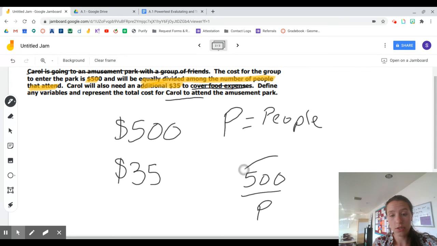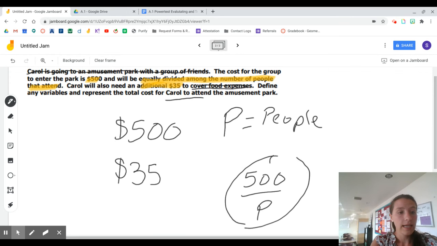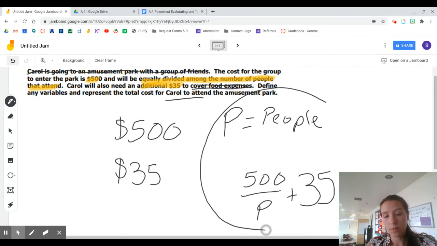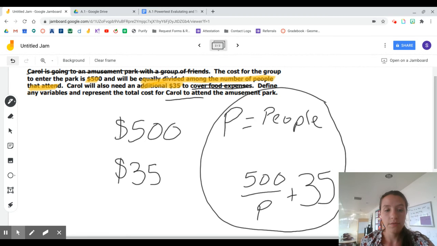So this is her piece of the ticket right here, and we're going to add to her ticket $35. That's the additional part of it, plus 35. So here we've got P equals people. That's us defining our variables. And we have equally divided, 500 divided by P, plus an additional $35, plus 35.